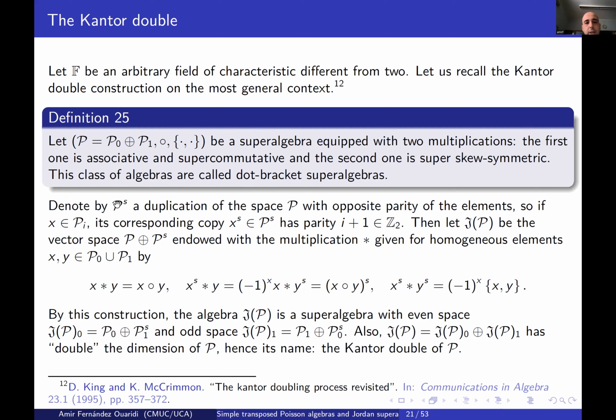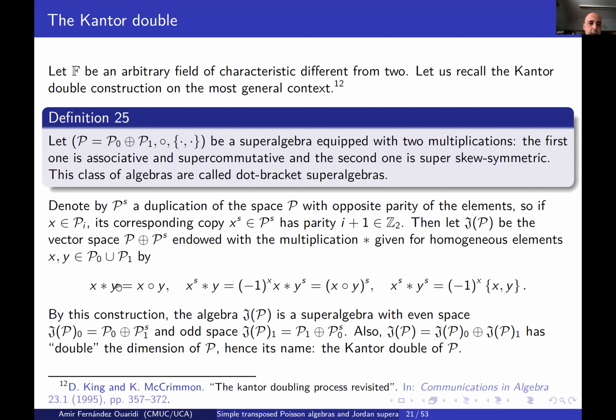If we denote by P^S a duplication of the space P with opposite parity of the elements, so if we have an element x in P_i, its corresponding copy x^S will have parity i+1, then J(P) will be the vector space P plus the copy of P, endowed with a multiplication star given for two homogeneous elements by these products here.